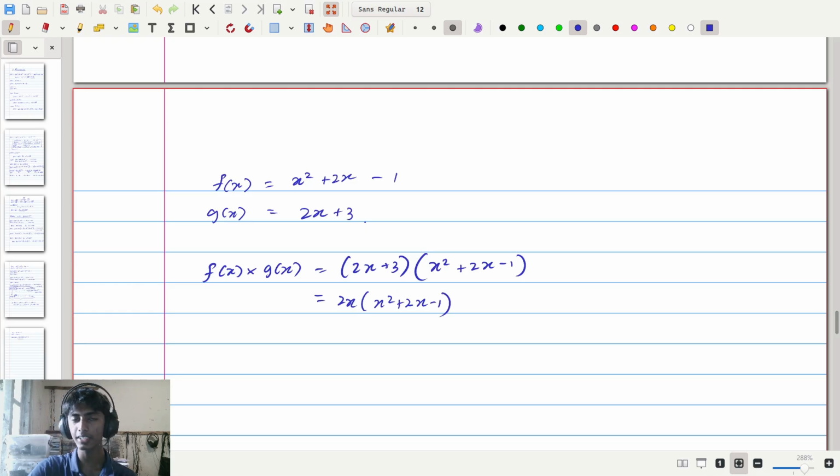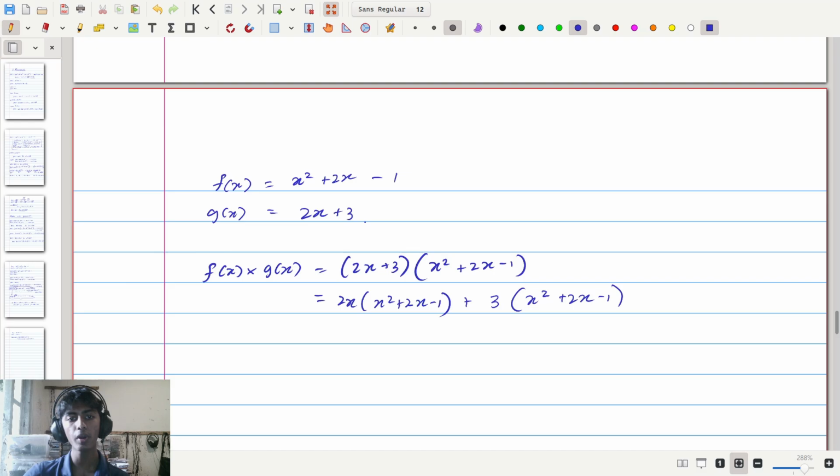You don't have to do it like this, of course. You can do it in your head if you can. I'm just showing you exactly how it happens. Distributing this, we can see this is 2x times the second bracket plus 3 times the second bracket of (x squared plus 2x minus 1).